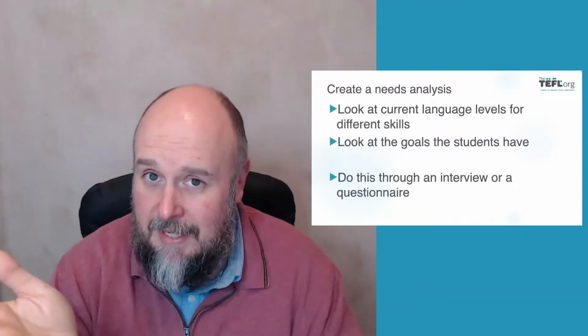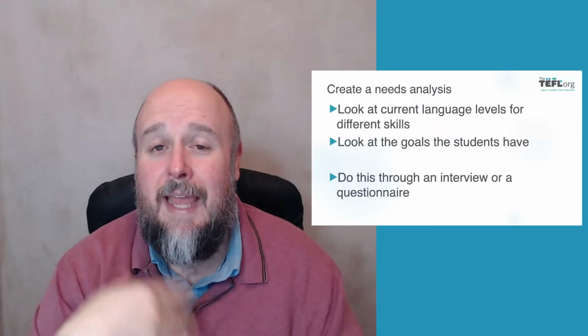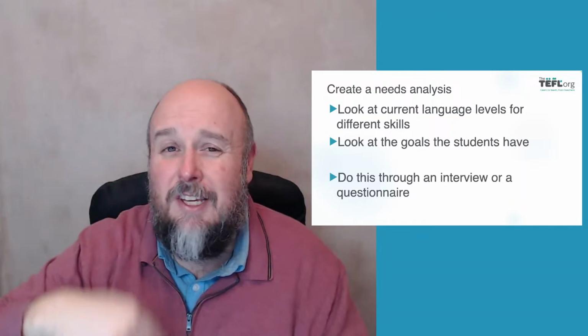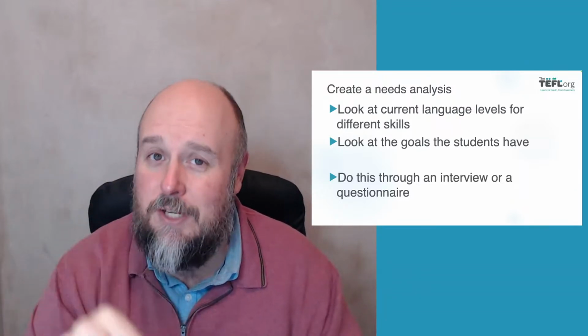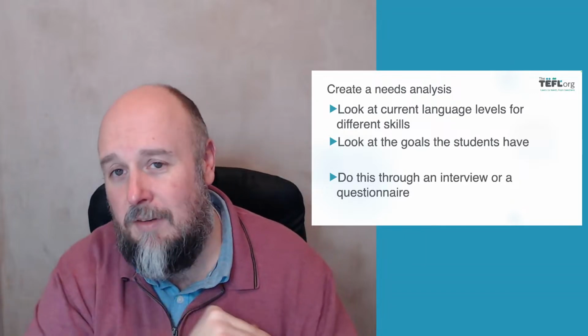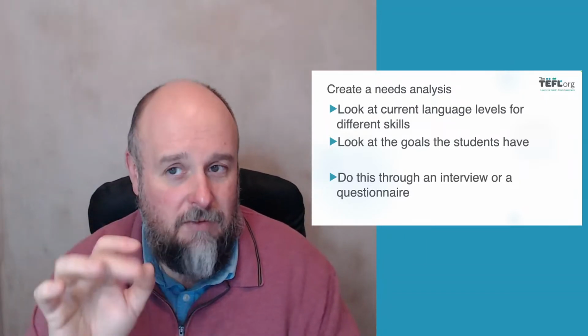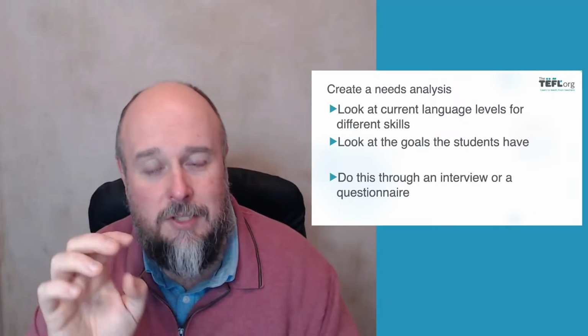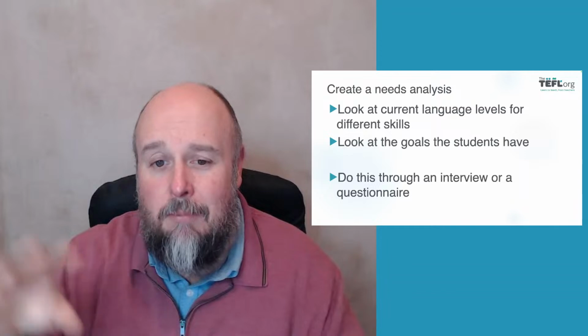Now, how do you do this? So there's different ways, and I'll go into more detail in this bit, but basically the most typical ones are to do an interview with them. As you interview them, you can find out their wants, you can find out their needs, and you can start to sort of understand their lacks. The other thing is you could do a questionnaire where you just send out a Google form, something like that, and they have to fill it in, and then from that you can find out what their wants, needs, and lacks are, and you can start to look at their grammar, their vocabulary, that kind of thing.